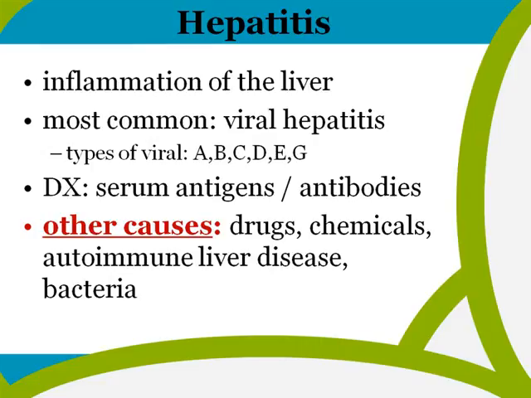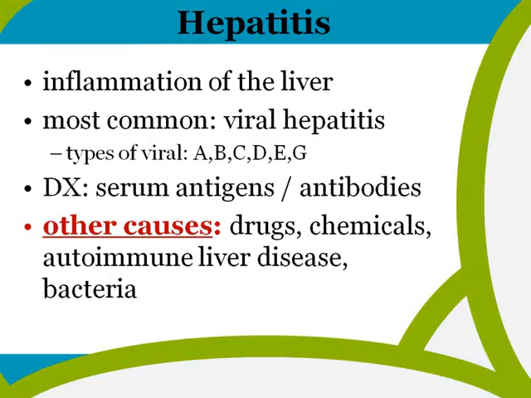To diagnose hepatitis, the viral hepatitis, we look at serum antigens and antibodies. An antigen is the virus itself. Is the virus present in the body? If it is present, that means that you have an acute infection. When we look at antibodies, this means has the body responded to the fact that the antigen is there.